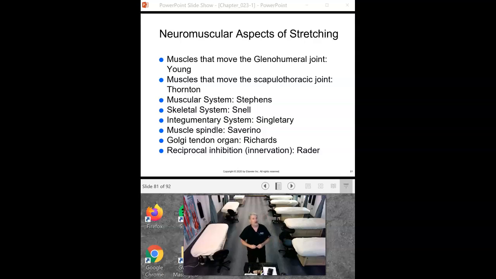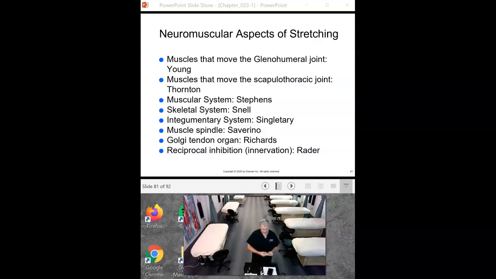Perfect. Mr. Thornton, muscles that move the scapulothoracic joint. I am here. Awesome. The scapulothoracic joint is made up of the scapula, the shoulder blade, and its articulation with the rib cage.